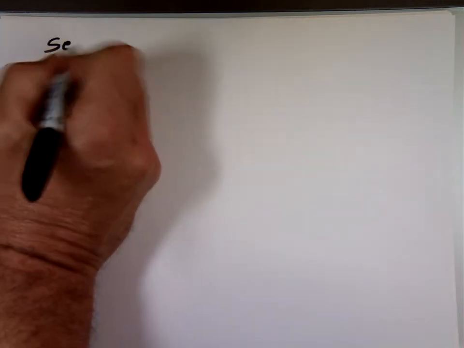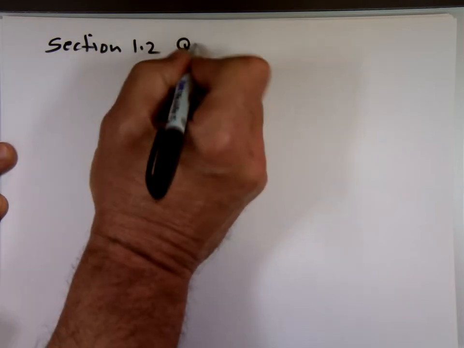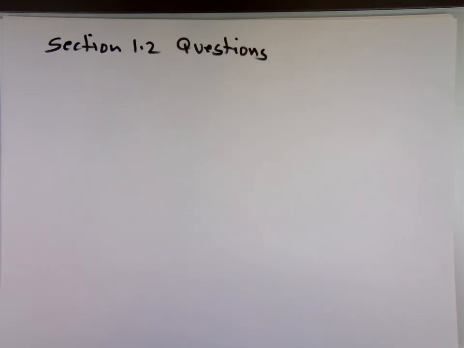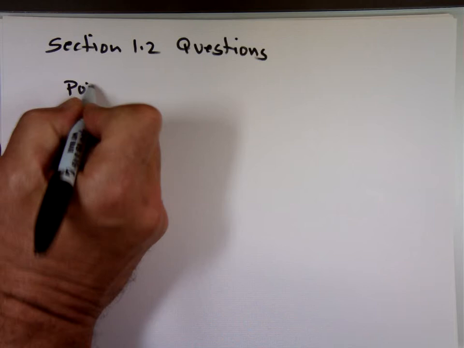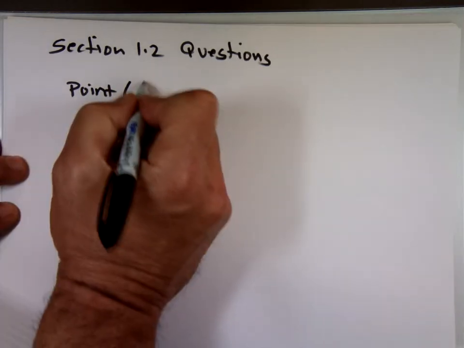So section 1.2, questions. We have a point, and the point is 4/5 and 9/10.